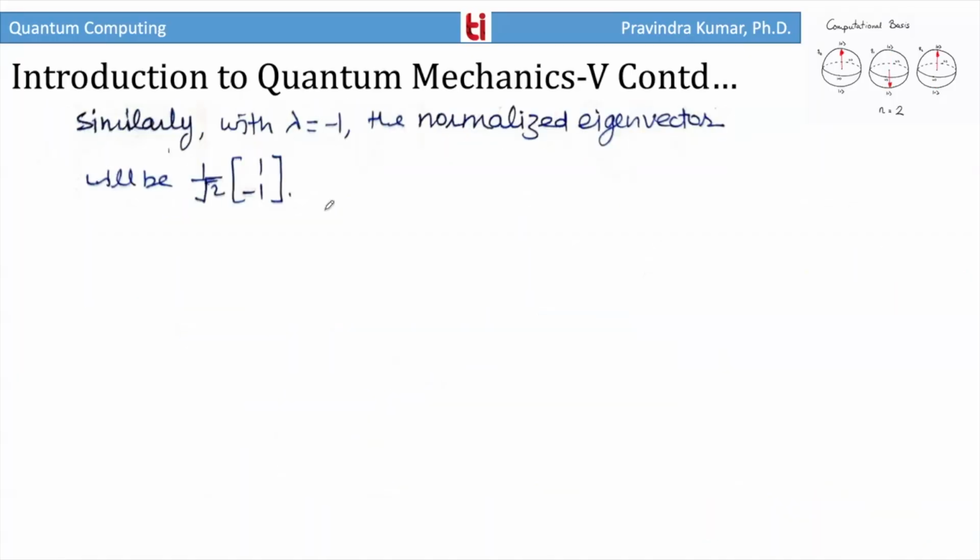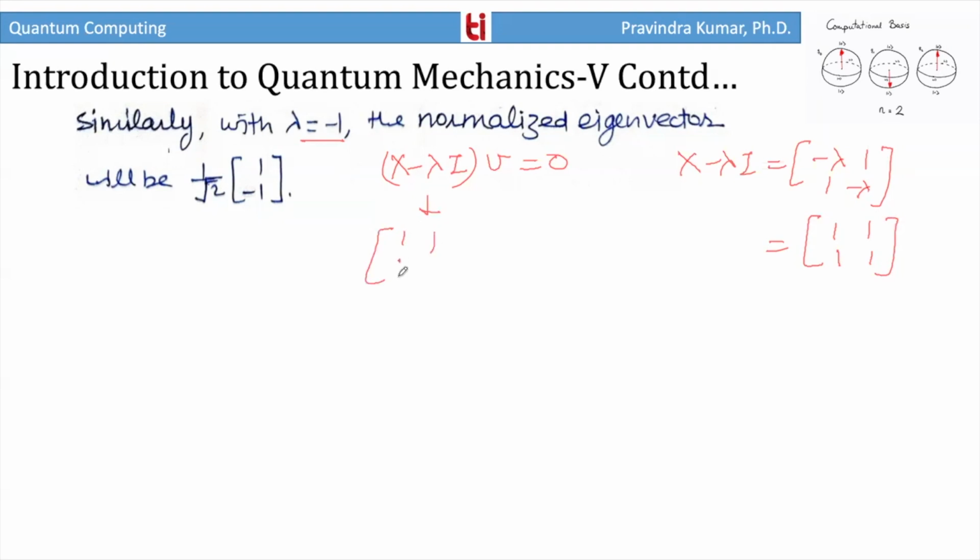Similarly, with eigenvalue lambda minus 1, the normalized eigenvector will be 1 by root 2, 1, minus 1. See, X minus lambda I times v is equal to 0, and X minus lambda I was minus lambda, 1, 1, minus lambda. When lambda is equal to minus 1, it will be 1, 1, 1, 1 times v1, v2, which equals 0. So from here v1 plus v2 is equal to 0.